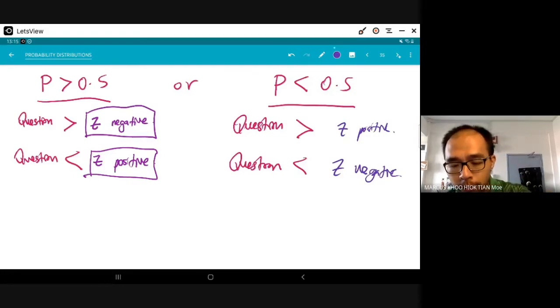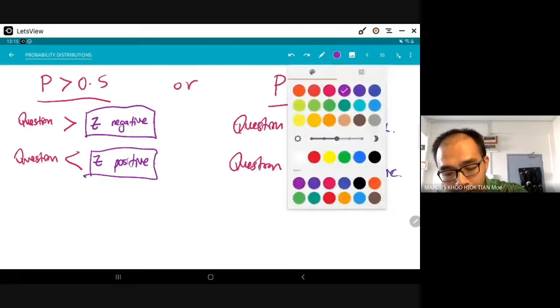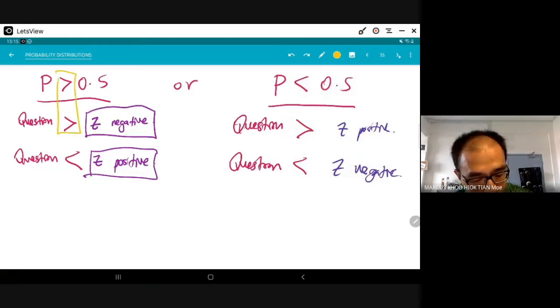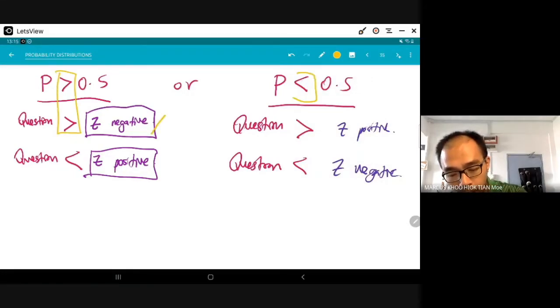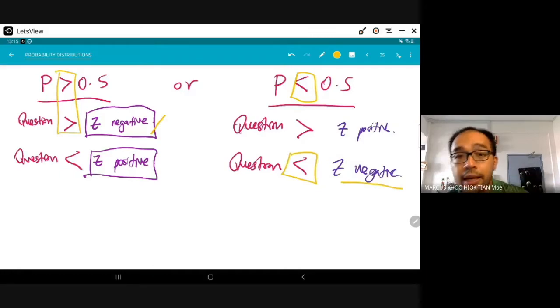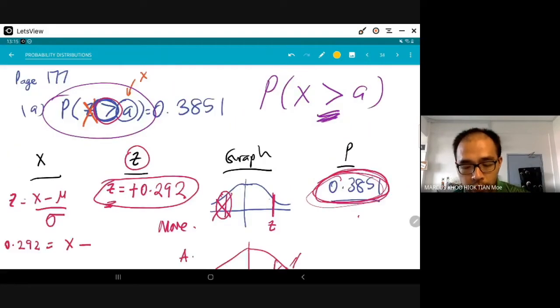One good way to remember this is kamu tengok the situation and kamu tengok the soalan. If the situation and the soalan is the exact same way, it's negative. The Z is negative. Situation and question the same direction, then it's negative. I come back to the example I gave just now.